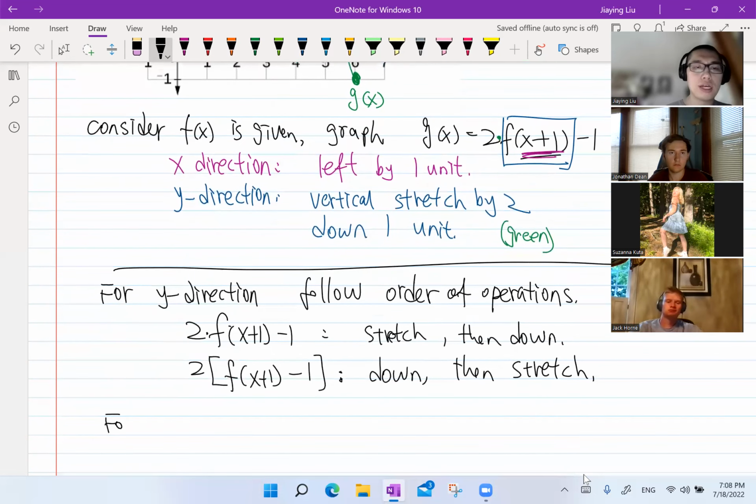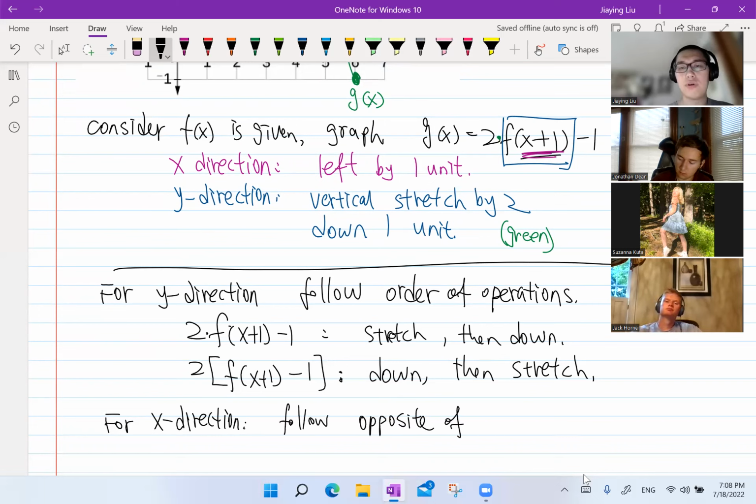But for the x direction, it's a little bit different. We don't follow the order of operation. We follow the opposite of what the order of operation says, the reverse process.